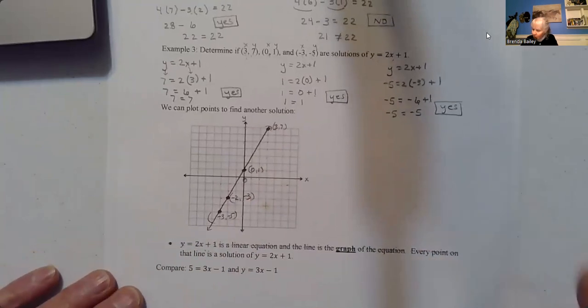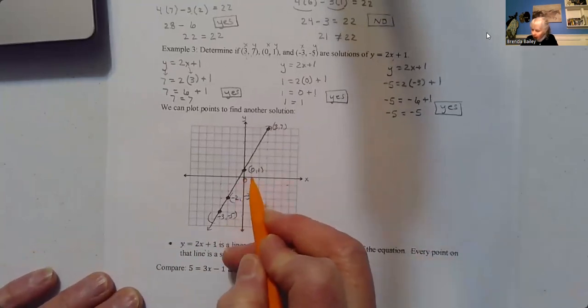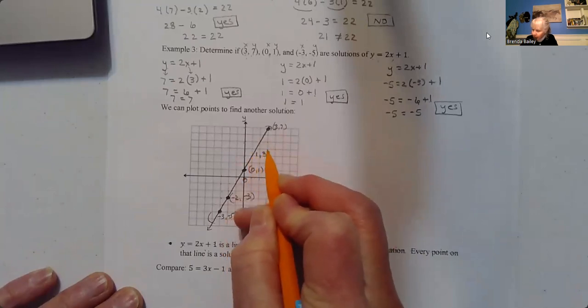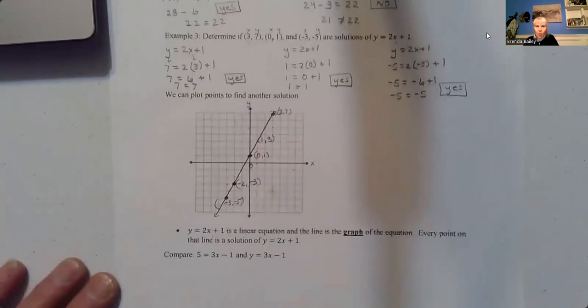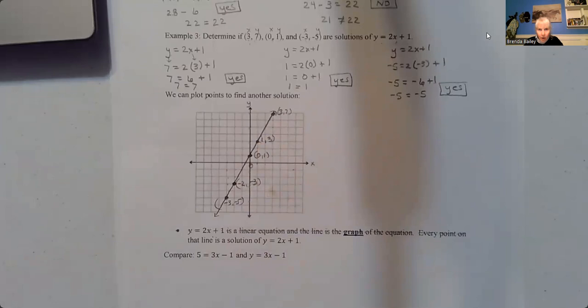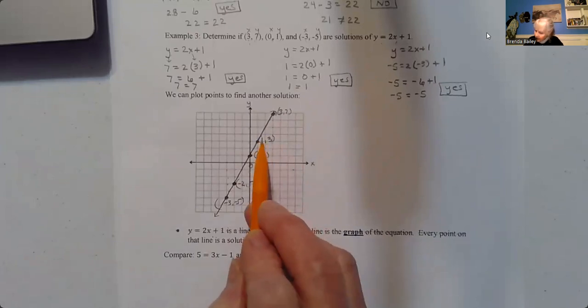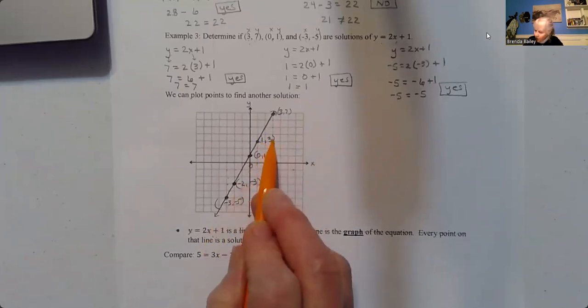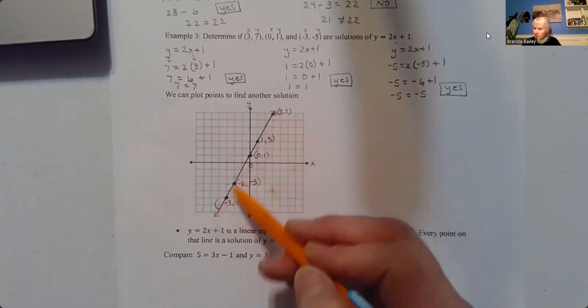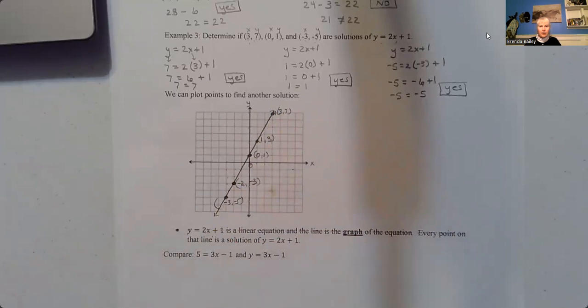It would work. Or the point (1, 3), which happens to cross the grid. If you put 1 in for x and 3 in for y, it's a true solution. So this represents the solutions to that equation.